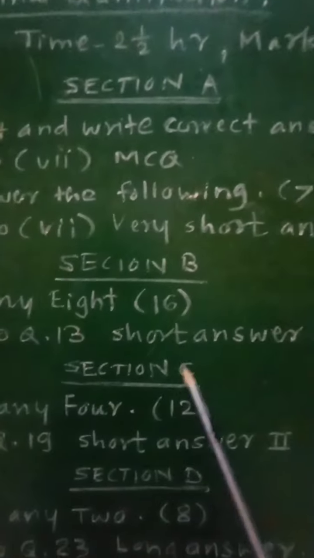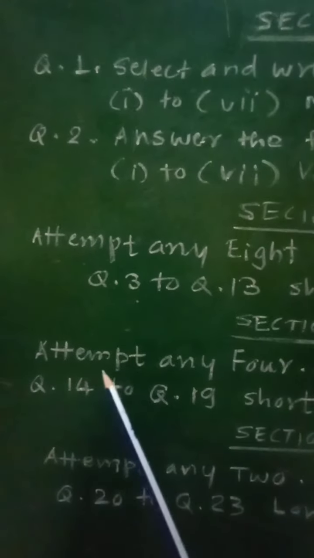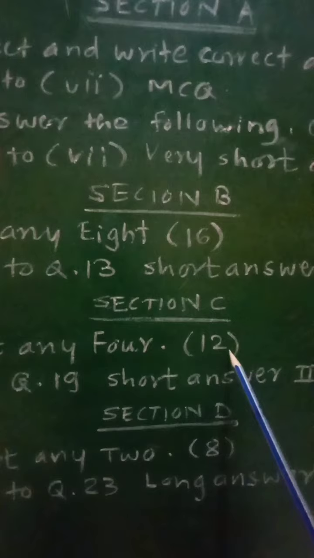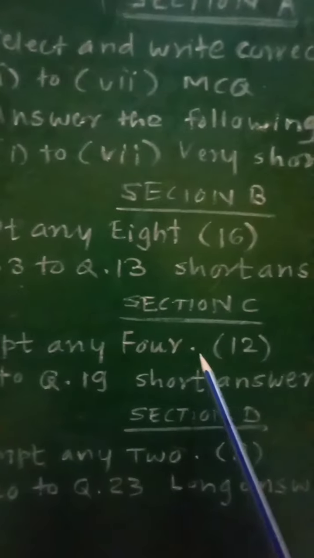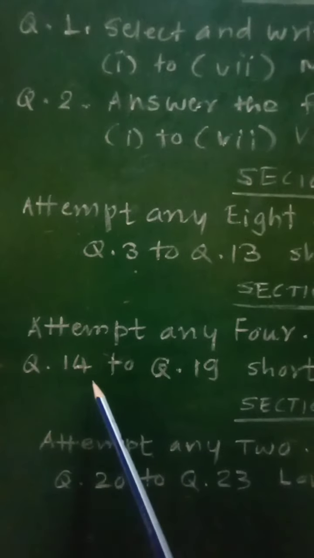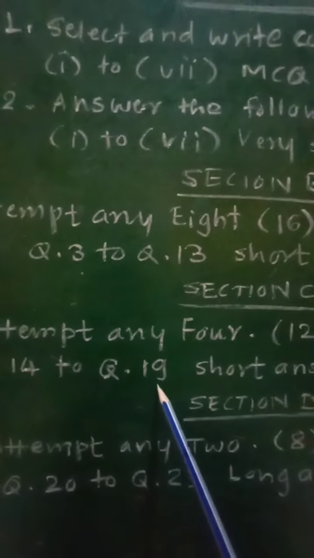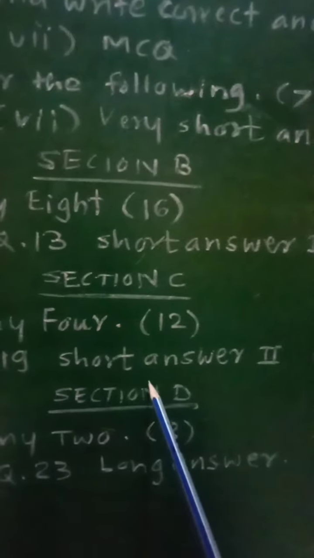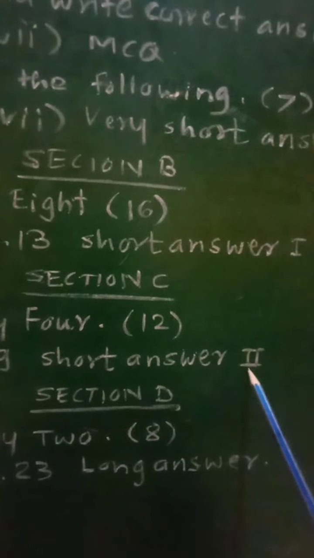Then section C will be attempt any 4, and will carry 12 marks. It will include question number 14 to question number 19, which will be short answer 2 type questions.